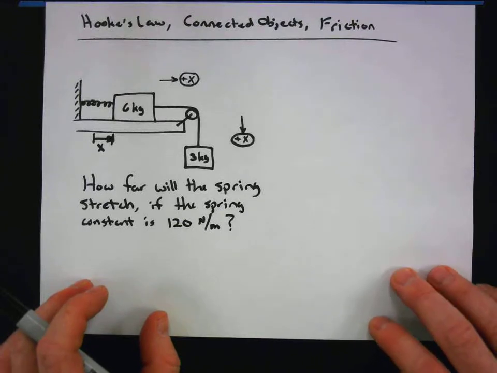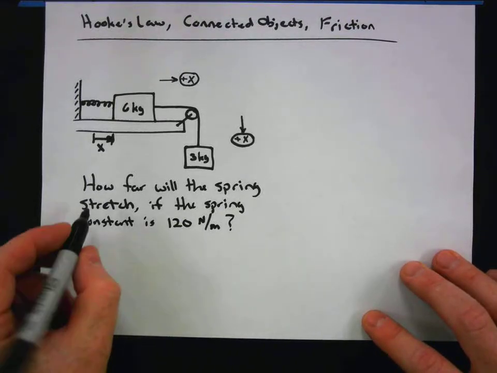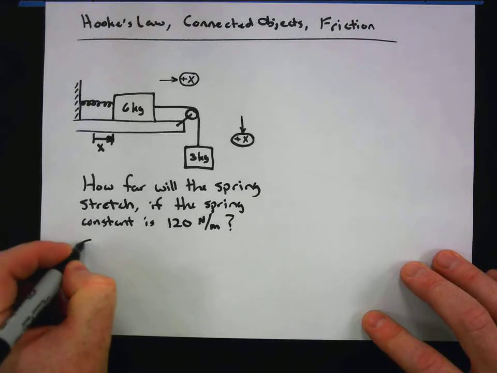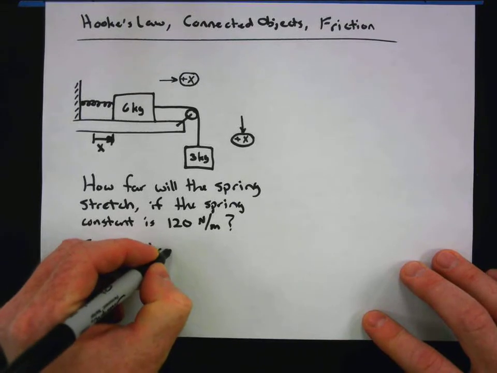So what do we have to do in order to look at this? Maybe I should make a note just for myself that the spring stretches, just so the problem is clear.